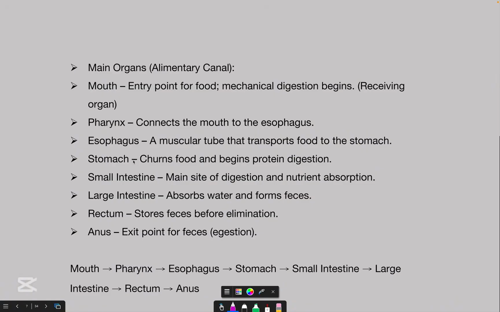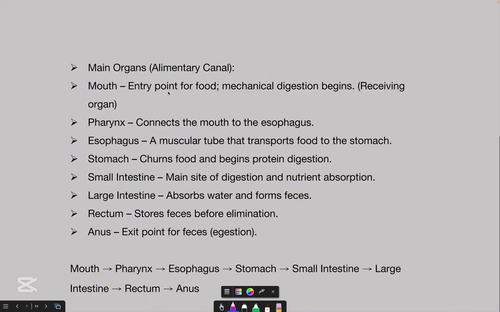The accessory organs help in the digestion, but they are not really part of the digestive system. They have their own main function they carry out, but in addition to that, they also aid in digestion. Those are called accessory organs.